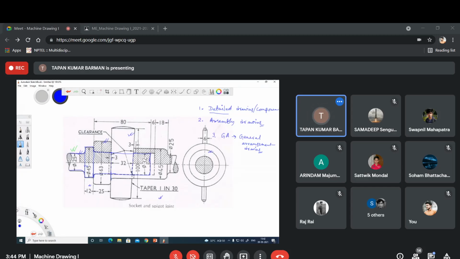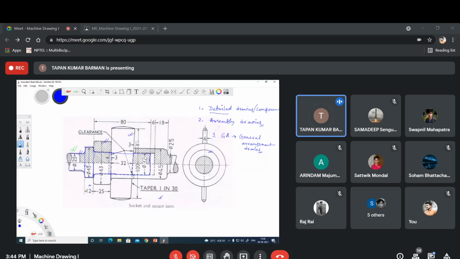Overall dimensions are necessary, and the weight information, all this type of information should be provided, by which we can prepare the site where we will install the component. We can do the basic arrangement to install the component.